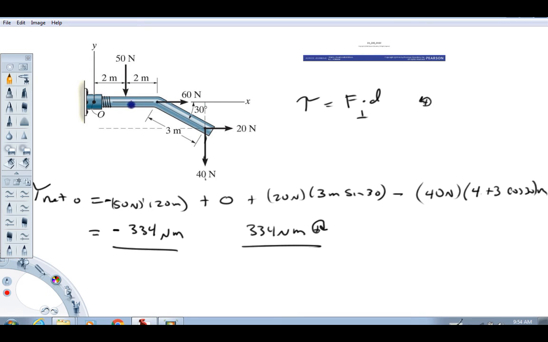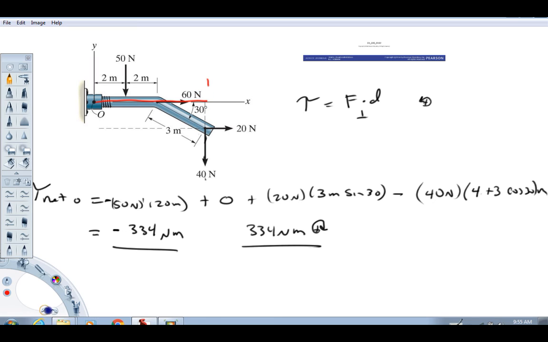This force doesn't have a distance because its line of action goes right through O. For this force, the distance you need is this distance, where it makes a right angle to the line of action. And for this force, the distance we need is this distance, again where it makes a right angle to the line of action of that force.